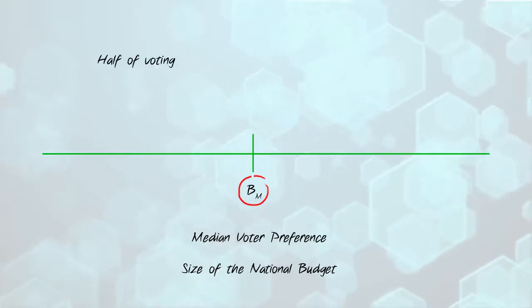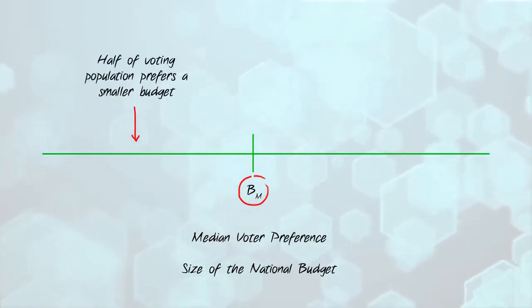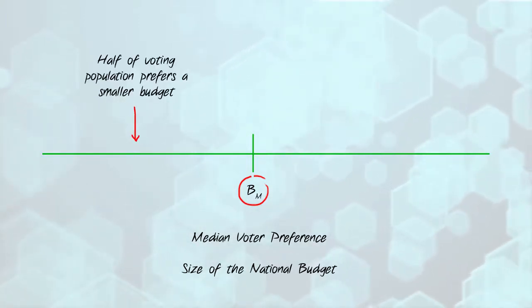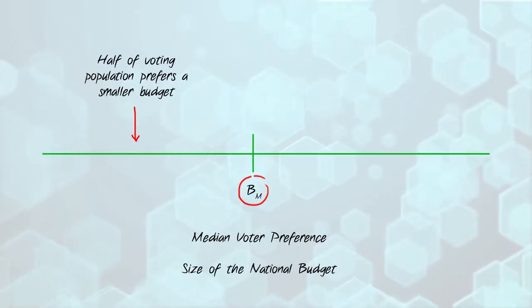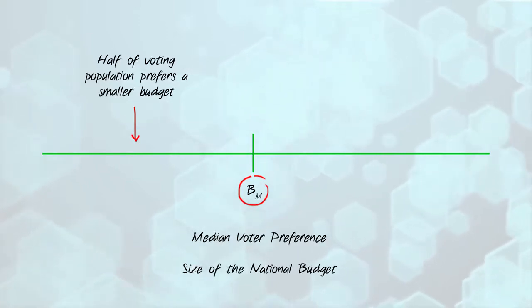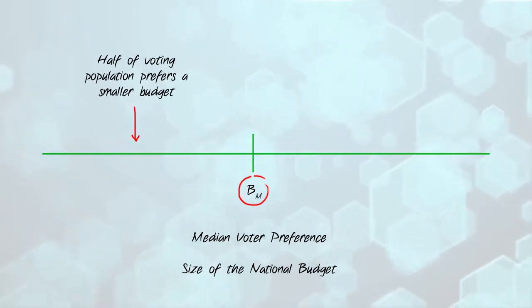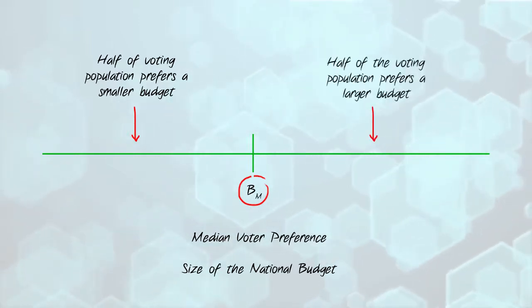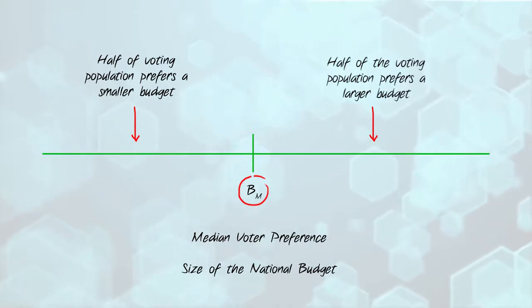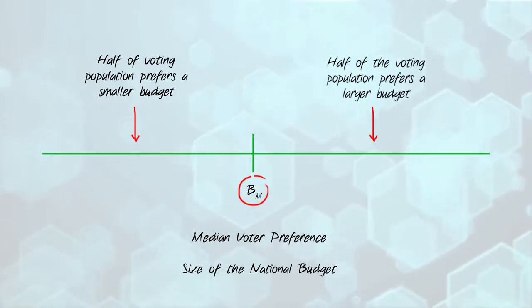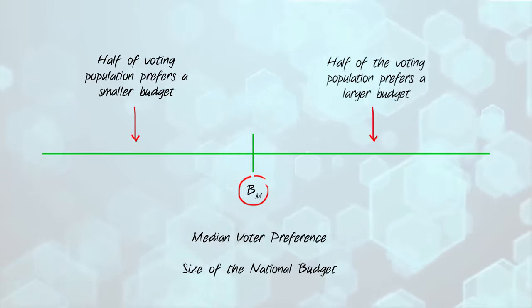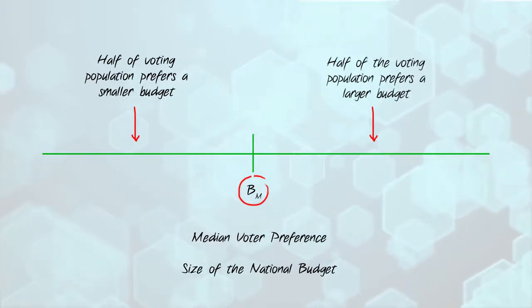Note that exactly half of the population to the left of this voter prefers a smaller budget, and the smaller the preferred budget, the more conservative or right-wing the position is considered to be. Note also that exactly half of the population to the right prefers a larger budget, with the larger the budget, the more liberal or left-wing the position is considered to be.